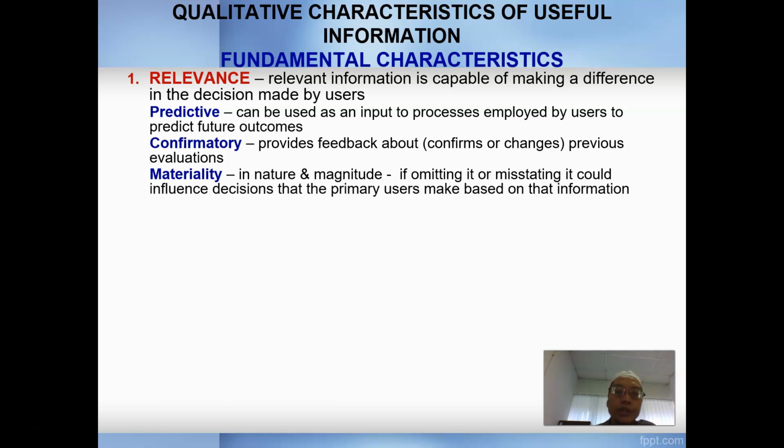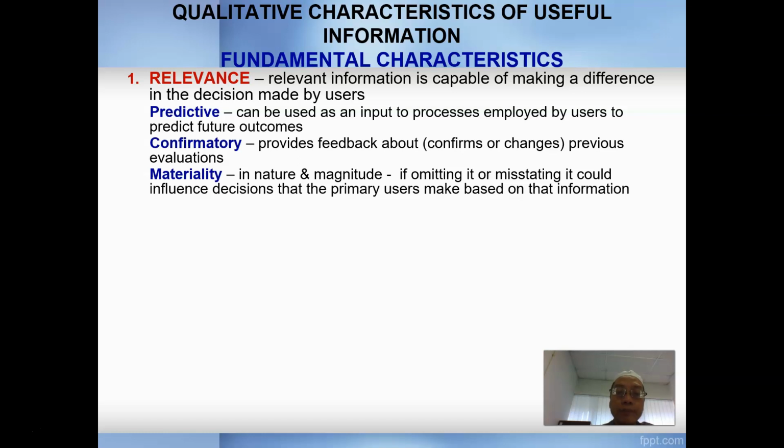The third sub-characteristic of relevance is materiality. Materiality either in nature or materiality in terms of magnitude or in terms of dollars. What is meant by materiality? If an information is omitted or misstated, it could influence decisions that the primary users make based on that information.